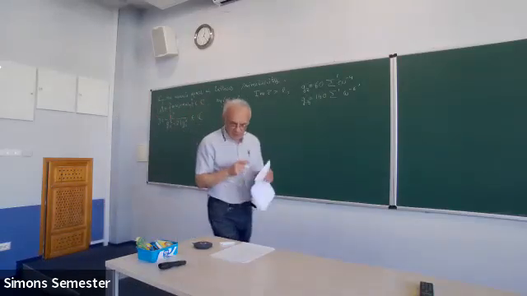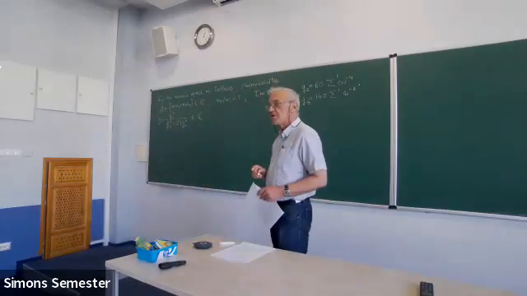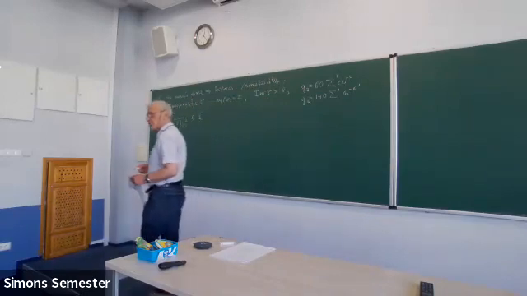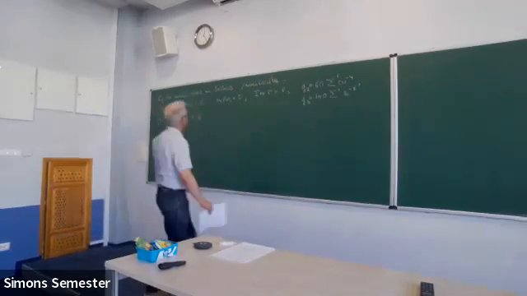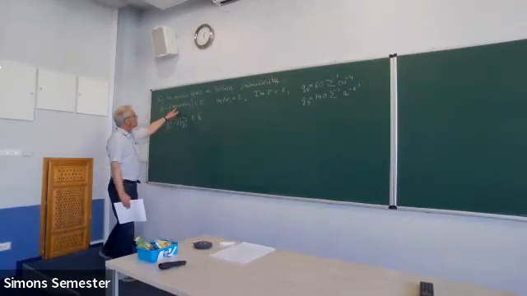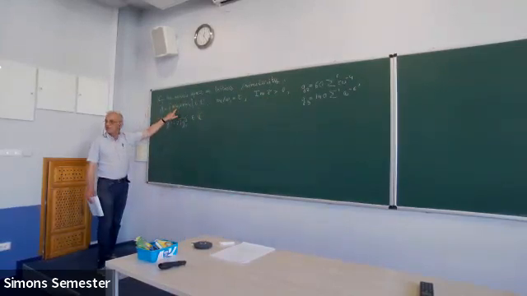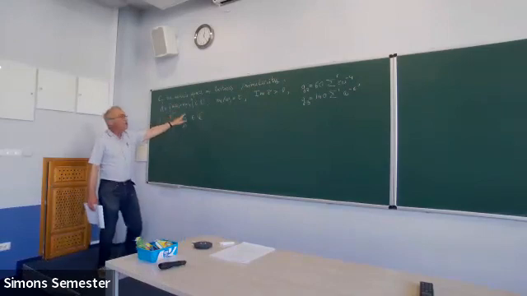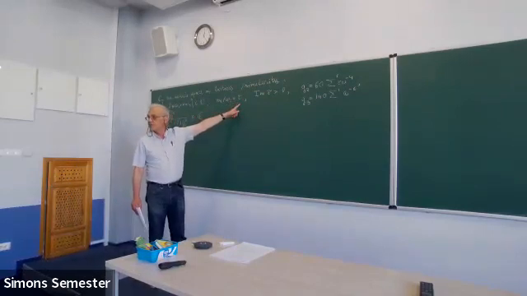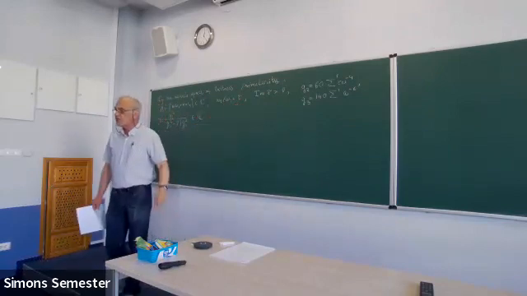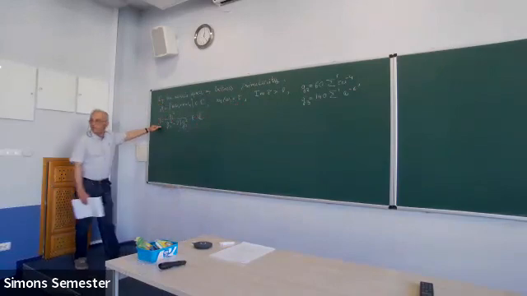the similarity classes of lattices, and the point of introducing all these quantities is to make it invariant with respect to the choice of generators. So this tau is not completely invariant with respect to the choice of generators. You choose different generators, you obtain different tau, but this is an absolute invariant.